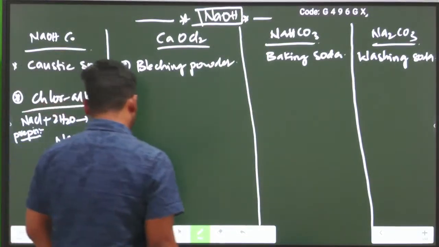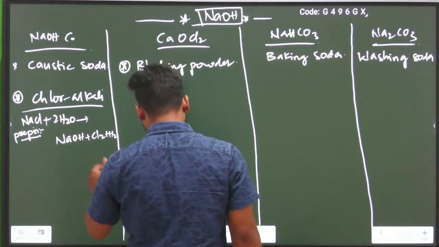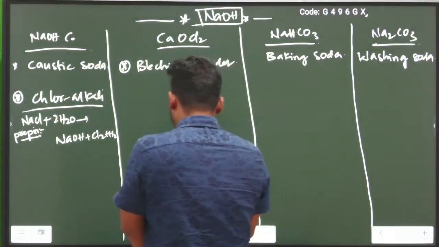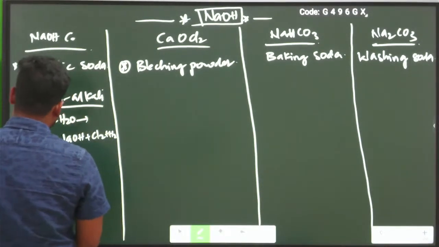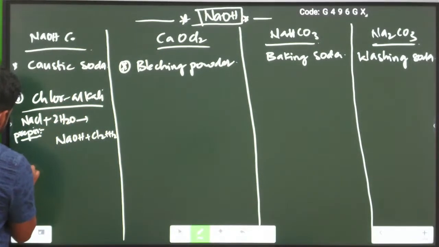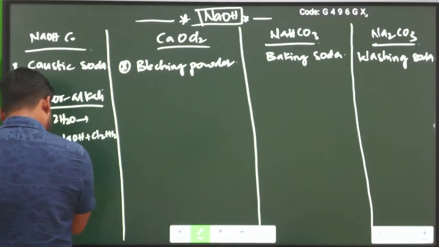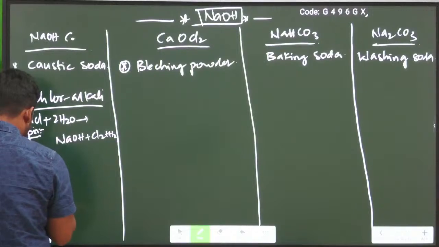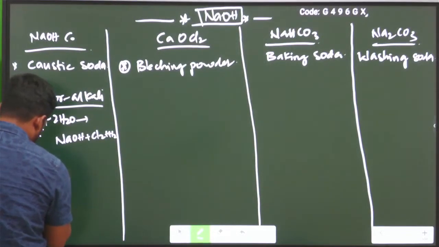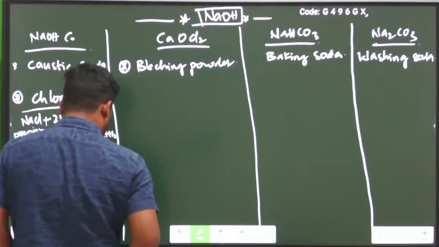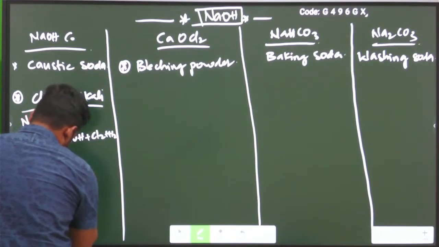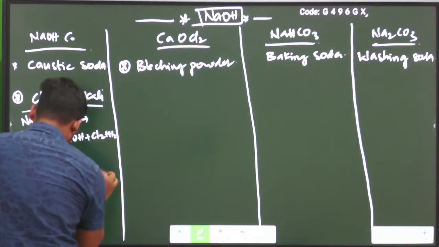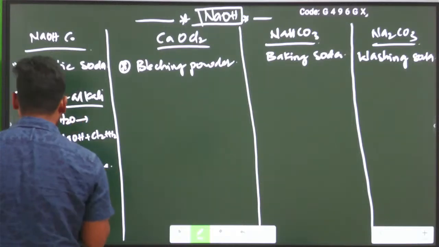And this is nothing but the alkaline preparative method, and NaOH also has a hygroscopic nature. And if you think about uses, H2 gas is used for preparation of margarines. This is one point.